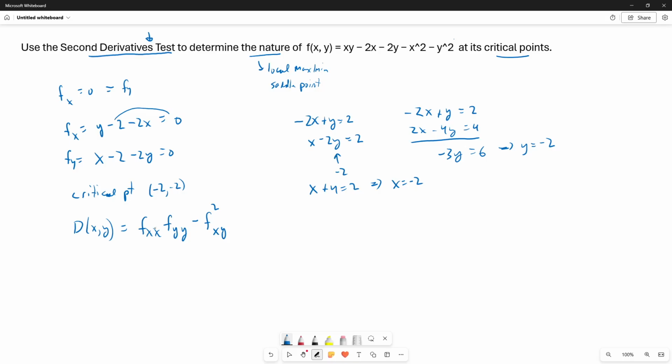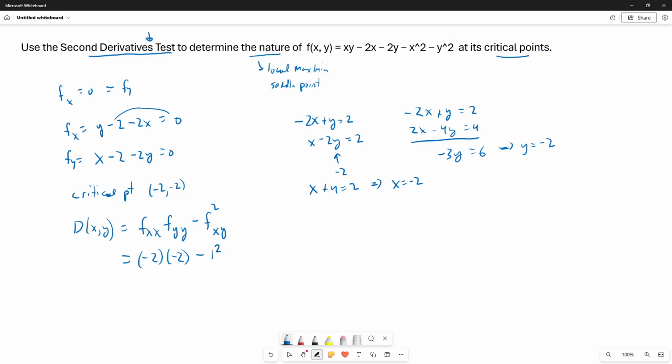So let's calculate these second derivatives. F sub xx is negative 2. F sub yy is negative 2. And f sub xy is 1.